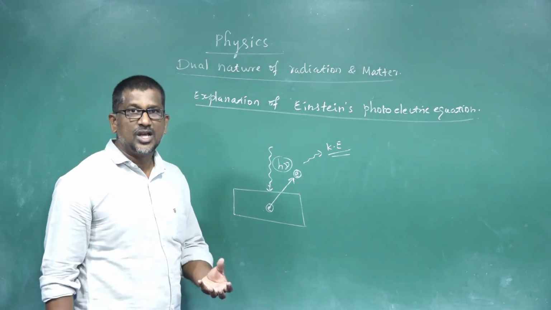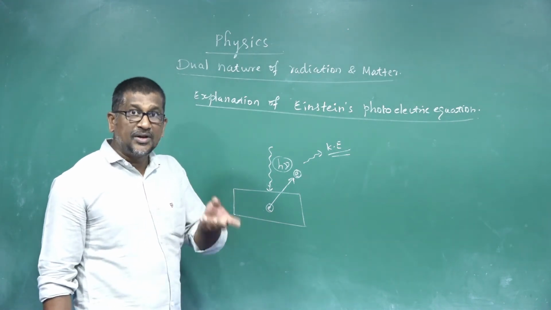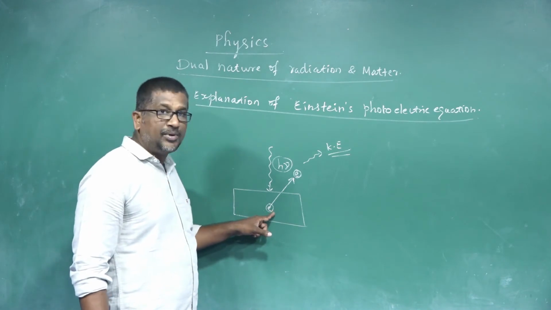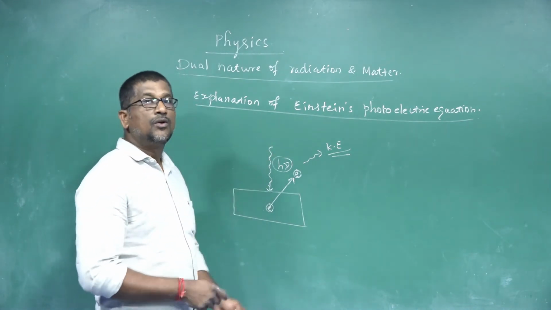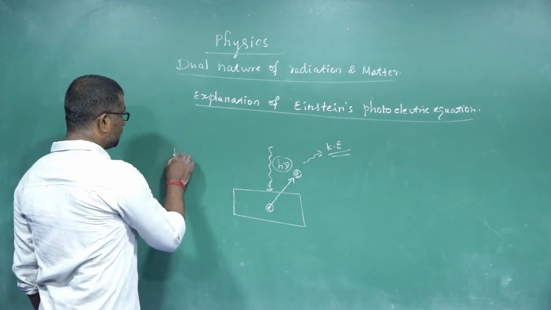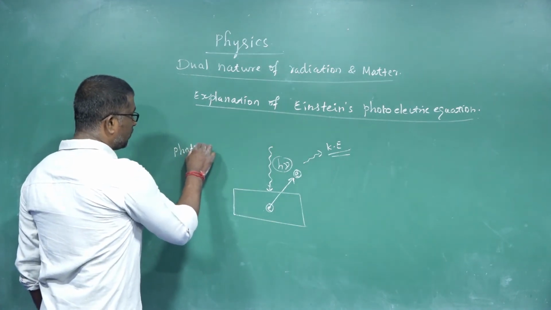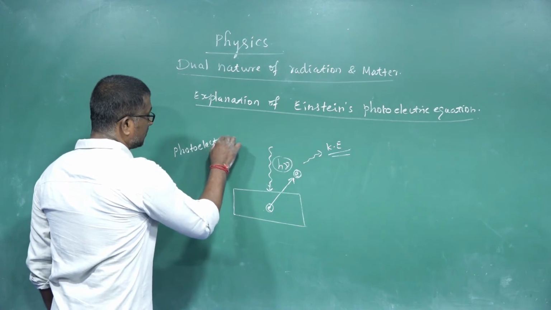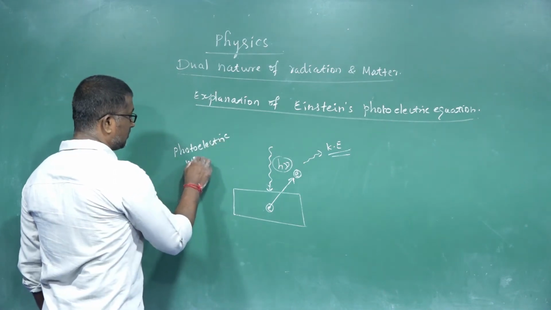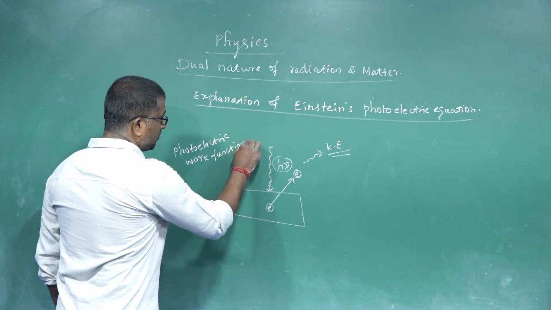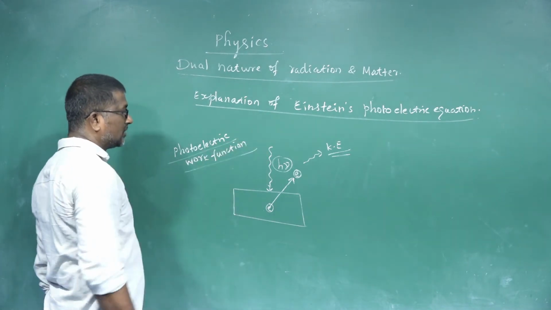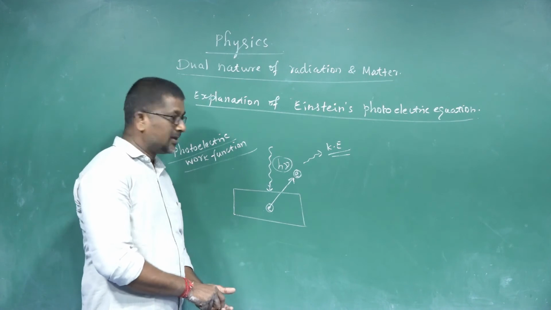One part of the energy of the photon is used to extract the electron from the metal surface, which is called the photoelectric work function of the metal. What is meant by photoelectric work function?